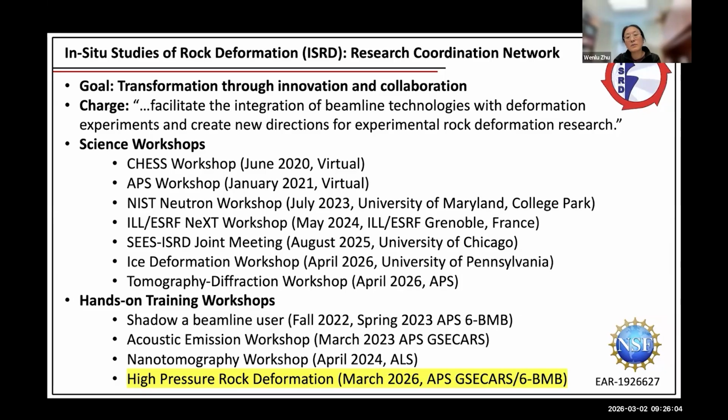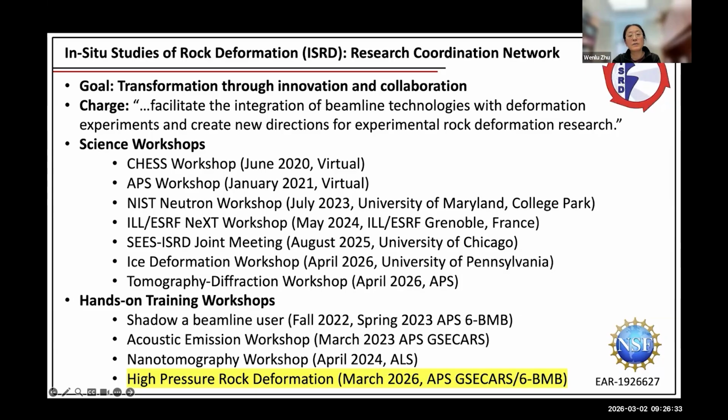Our timing wasn't great: we got funded in the last quarter of 2019, and you know what happens in early 2020, the COVID shutdown. So for a while, we couldn't really bring hands-on users to the beamline and get them trained.